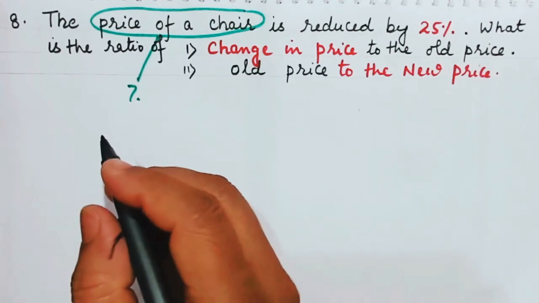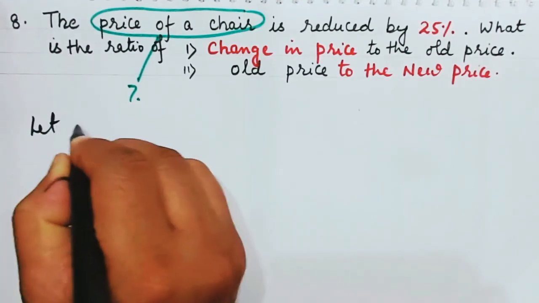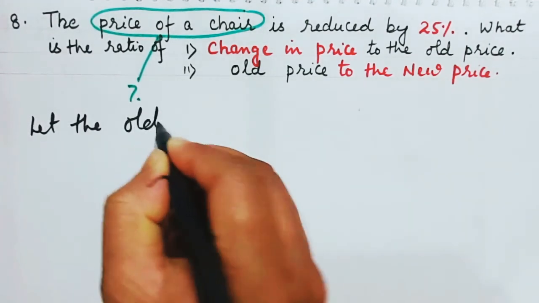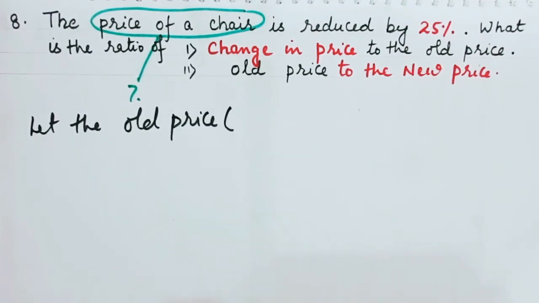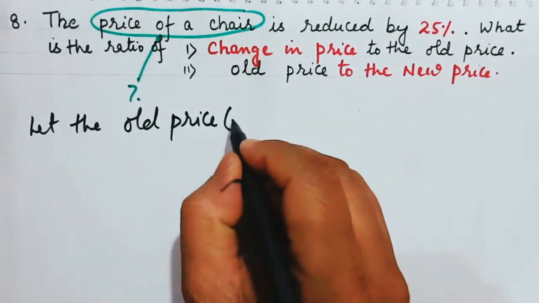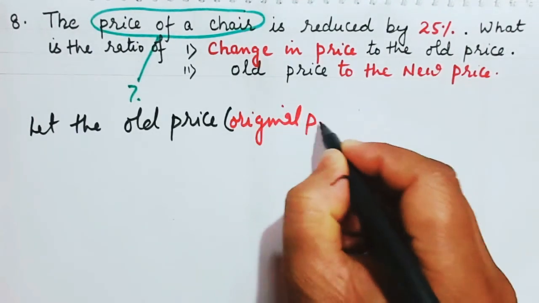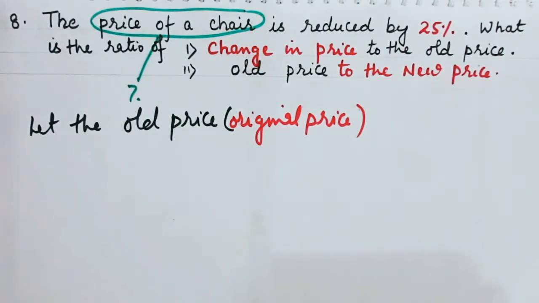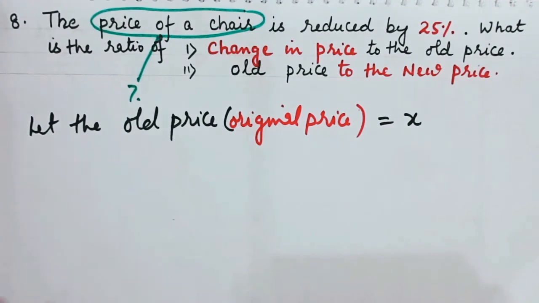Okay, so let the initial price, the old price, I would write old price. This old price means your original price. Let the old price be rupees X.